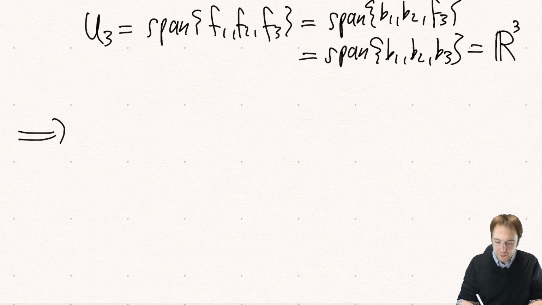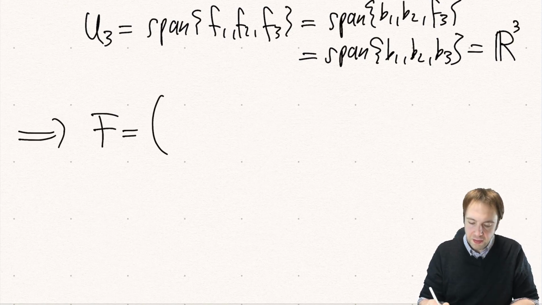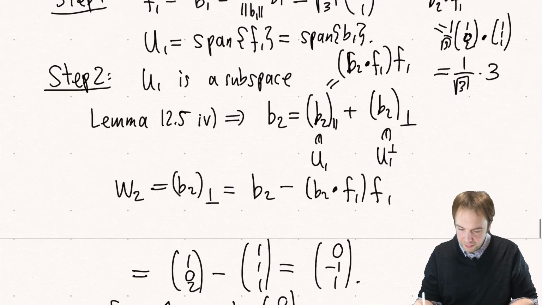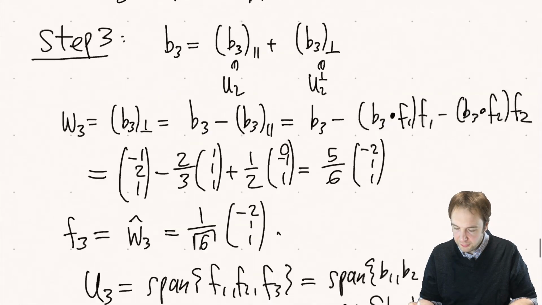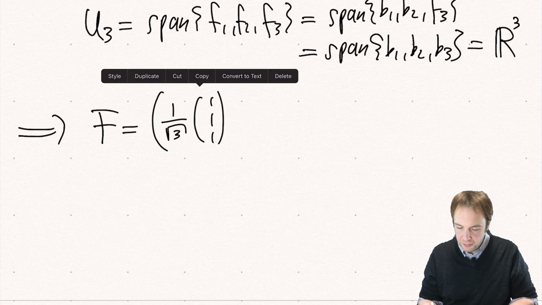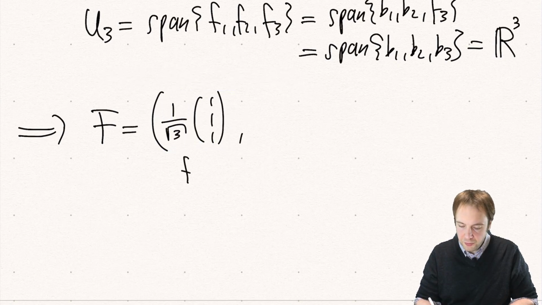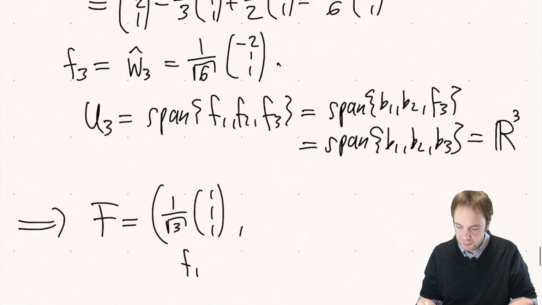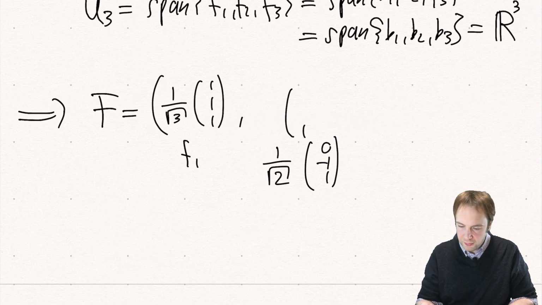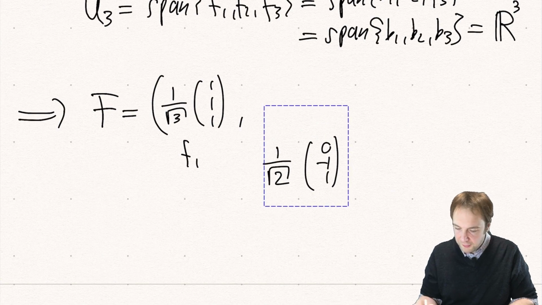So here, F1 was this. So this is F1. F2 was this.